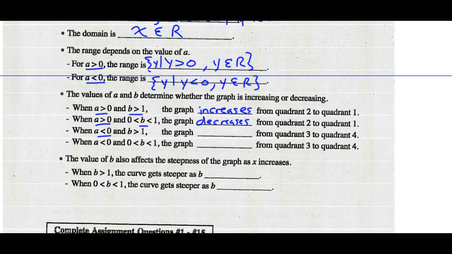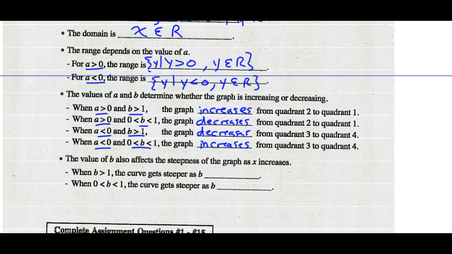When a is negative, less than 0, and b is greater than 1, the graph decreases from quadrant 3 to quadrant 4. And when a is negative and b is between 0 and 1, the graph will increase from quadrant 3 to quadrant 4.